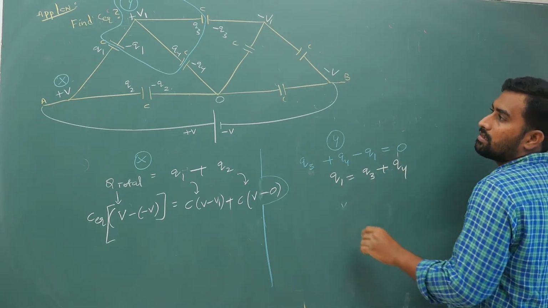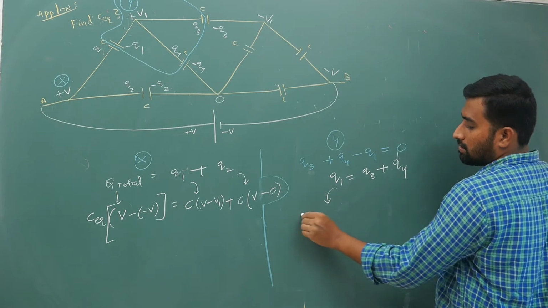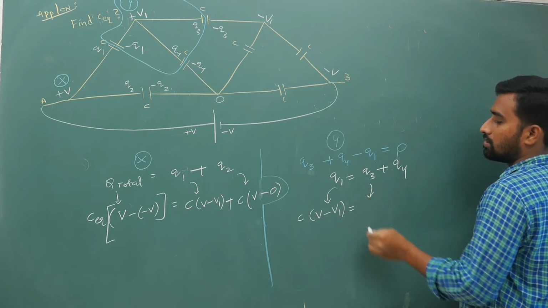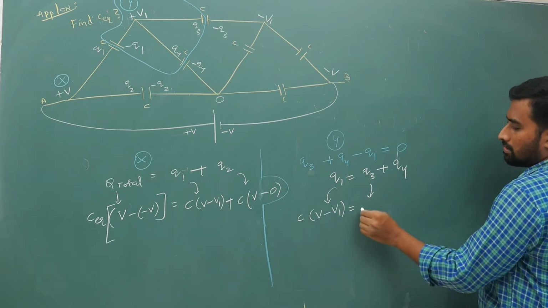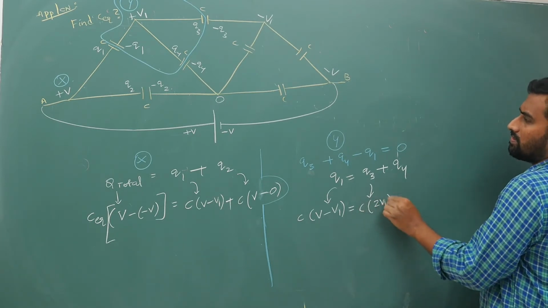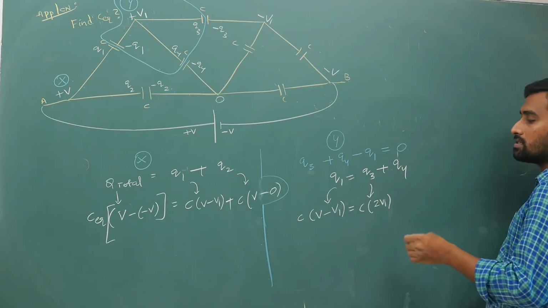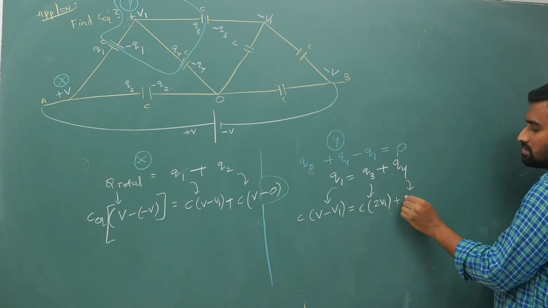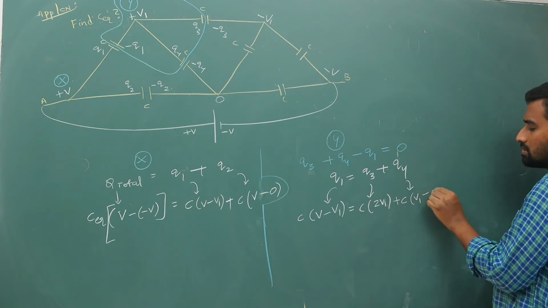Q1 is C times V minus V1, that is equal to Q3, which is C times V1 minus of minus V1, so 2V1, plus Q4. Q4 is C times V1 minus 0.